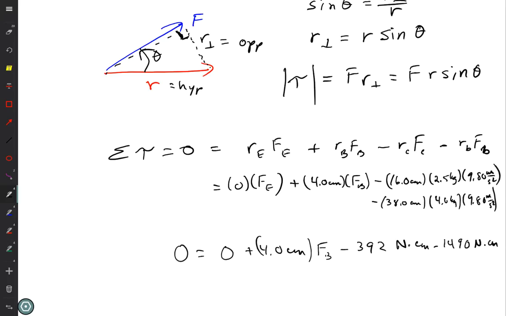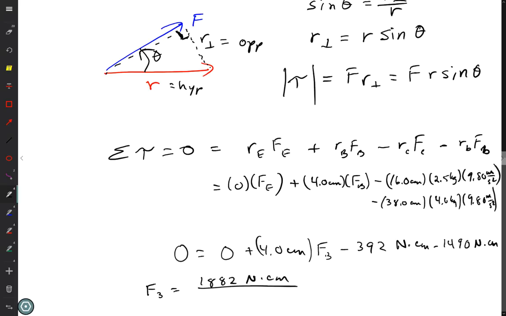I want to solve for F_B. So F_B is equal to, adding those two together, you get what? 1882. Divided by 4.0 centimeters. So 470.5 newtons. How many significant digits do I have in this answer?